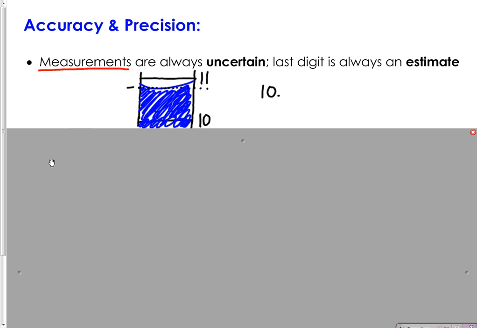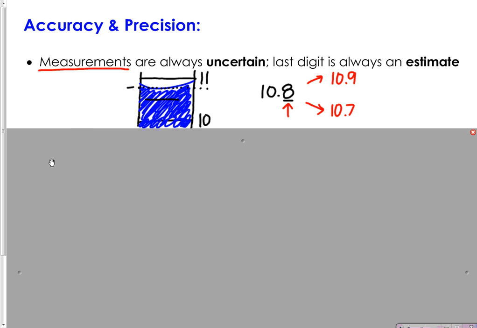I would say that it's definitely more than halfway through, but we don't know what point it is. So we might say 10.8. That might be our best guess, but I'm estimating that 0.8. It could be that it's actually 10.9, or it could be 10.7. But my estimated digit is my uncertain digit.